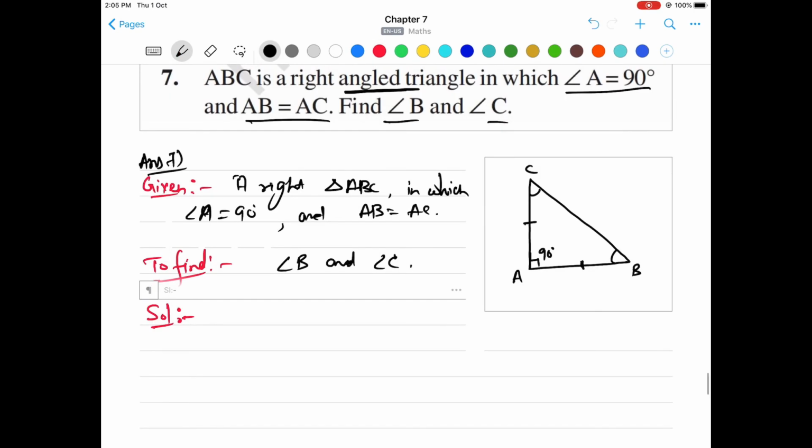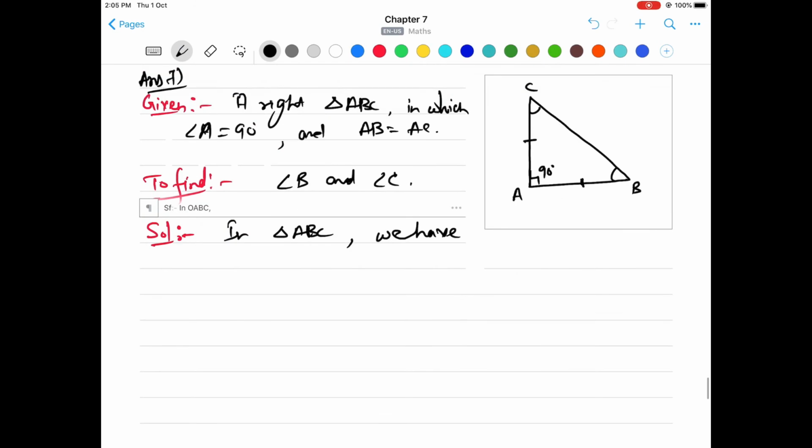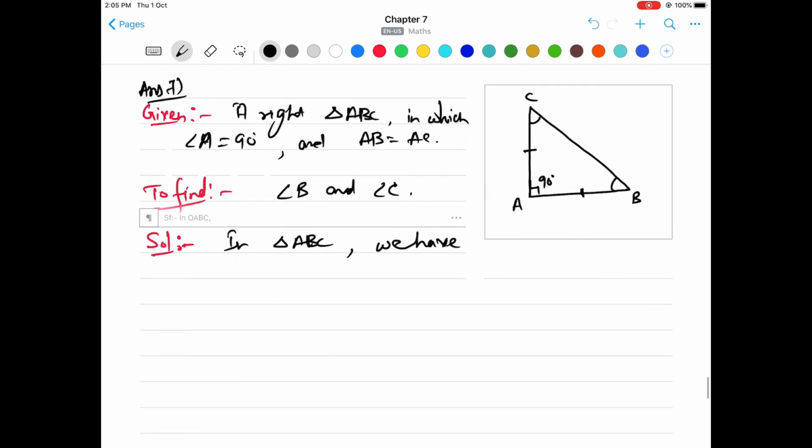Since in triangle ABC we are given that side AB is equal to AC, and from the theorem we know that the angles opposite to the equal sides are equal.